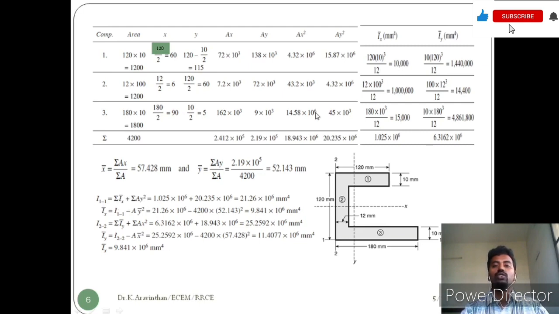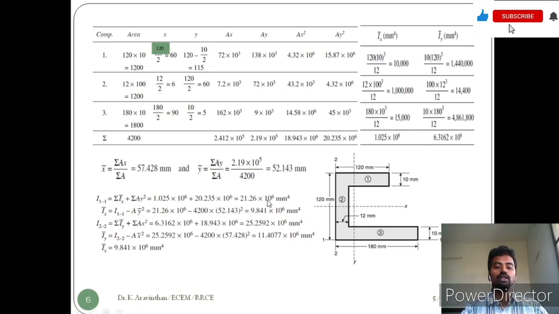So here you should add the I bar x, that is 1.025 into 10 power 6 plus summation of A y square. So A y square value is 20.235 into 10 power 6. So if you add that, you will be getting 21.26 into 10 power 6 mm power 4. You have to note that the moment of inertia unit is mm power 4.